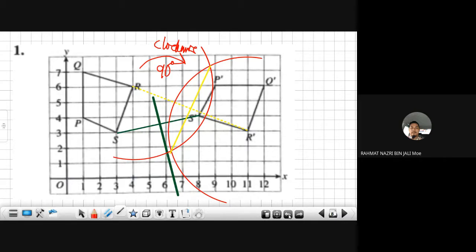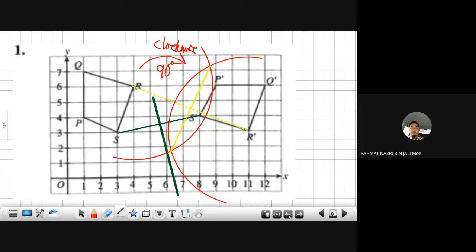I extend this line to get the intersection between the yellow and the green one. So after I draw these two, the yellow and the green, I get the center at 6, 1.